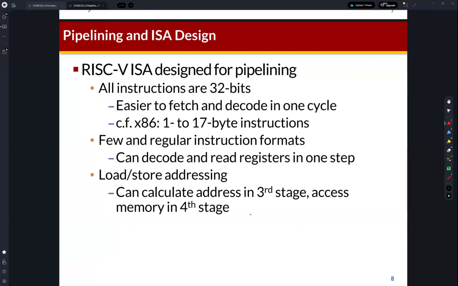And then this slide explains that the RISC type ISA is good for pipelining design. It is because the RISC type ISA is simpler than the CISC type ISA. Which means the hardware for instruction decoding can be simpler for RISC type ISA compared to the CISC type ISA. The x86 can have 1 to 17 bytes per instruction, right?